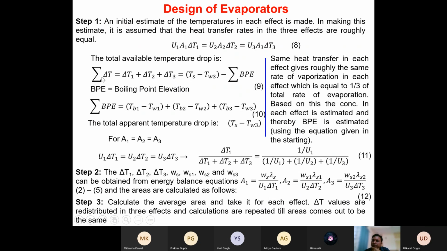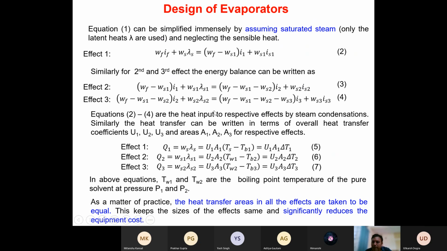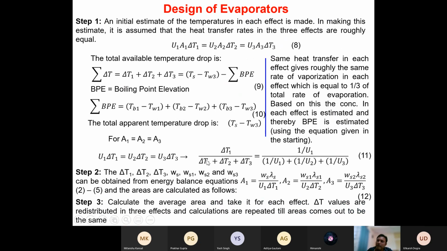If I know the terminal temperatures Ts and Tw, and I know U1, U2, U3, I can find out the intermediate temperatures. Intermediate temperatures like Tw1 and Tw2 I can calculate using this equation 11.